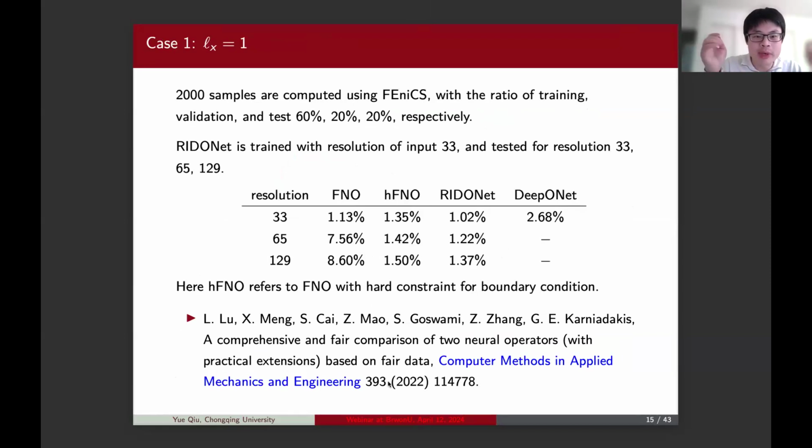Then I use a numerical solver to solve this PDE using this specific grid, right? Yeah. Then when you go to high resolution, 65, your testing data set will be the numerical solver using the grid of size 65. Yes.